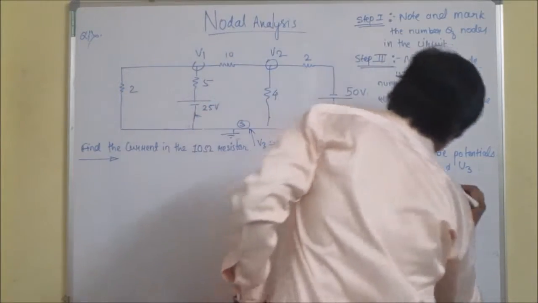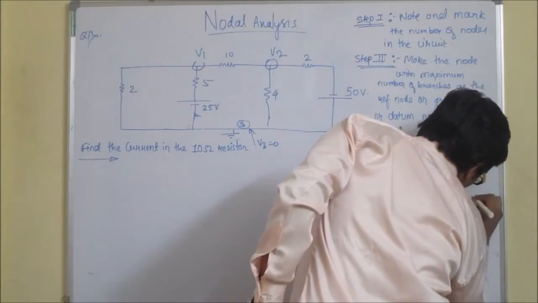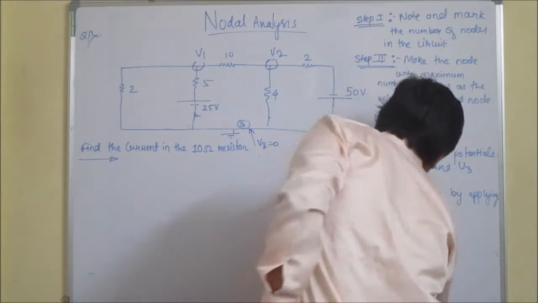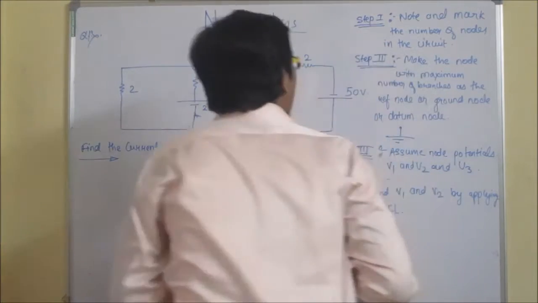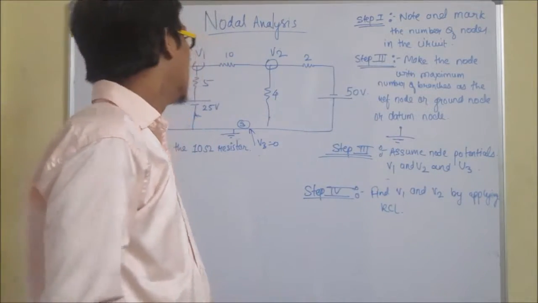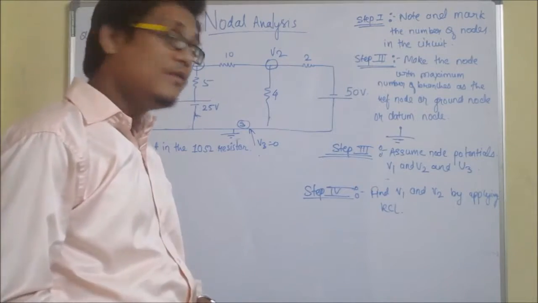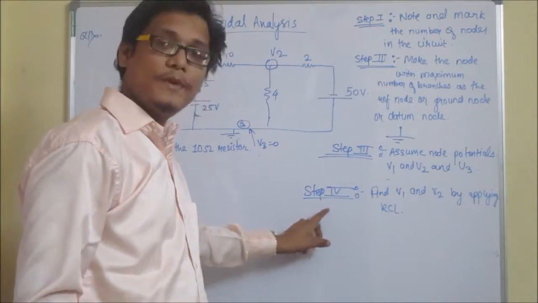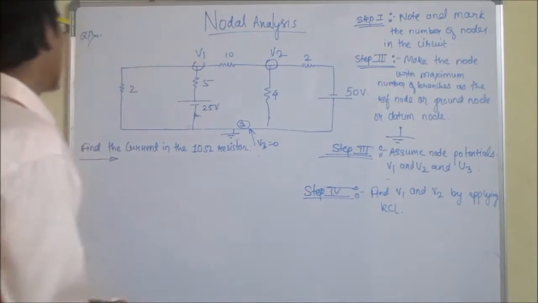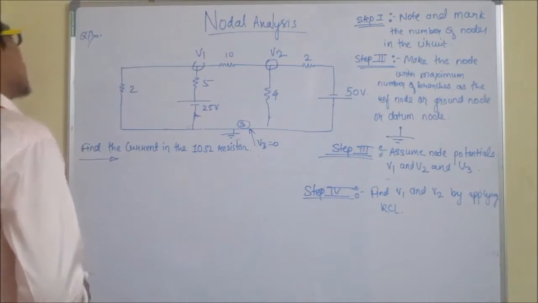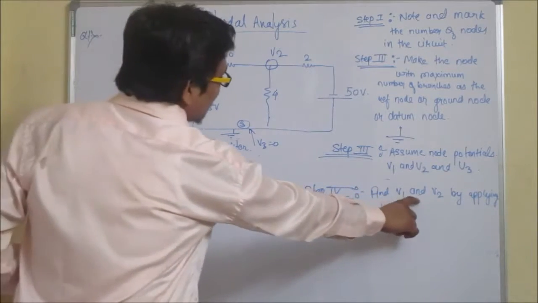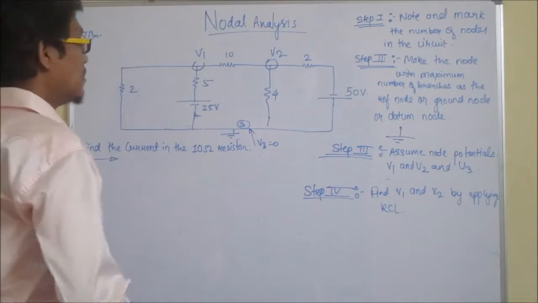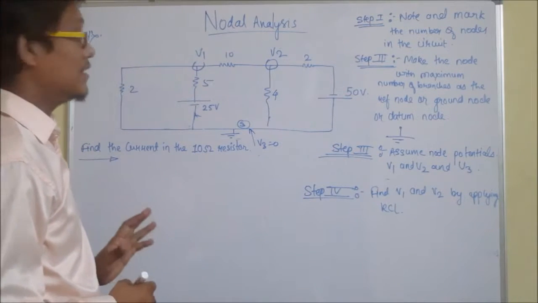I have not written V3 as I already know its value, that is 0 volts. Now I will apply KCL.